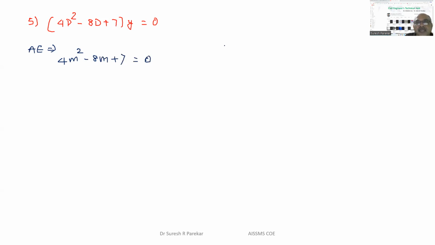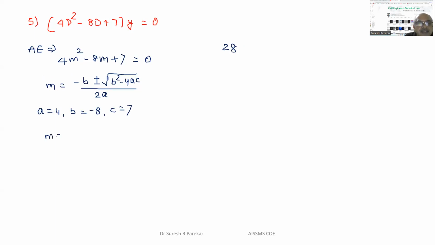Now we have to see whether we have any factors of 28 which will give minus 8. We do not have anything, so we have to use the formula: m is equal to minus b plus minus root of b square minus 4ac upon 2a. Now in this, we have a equal to 4, b equal to minus 8, c equal to 7.